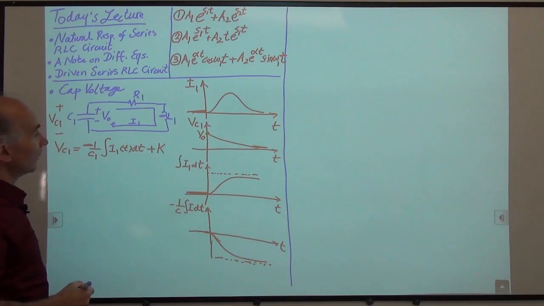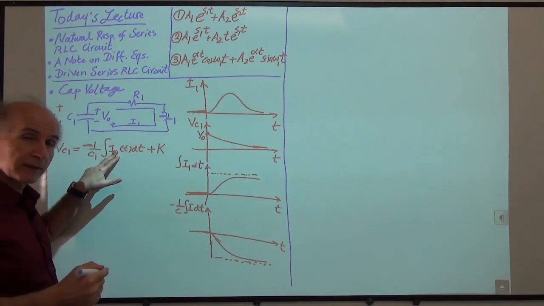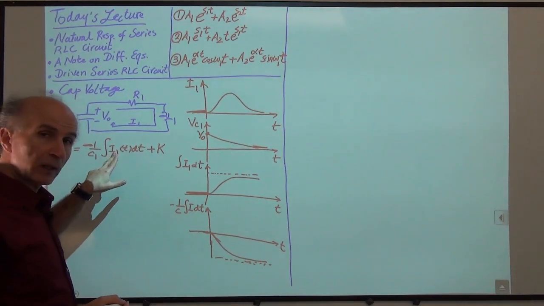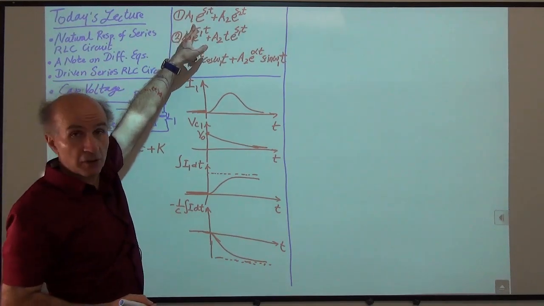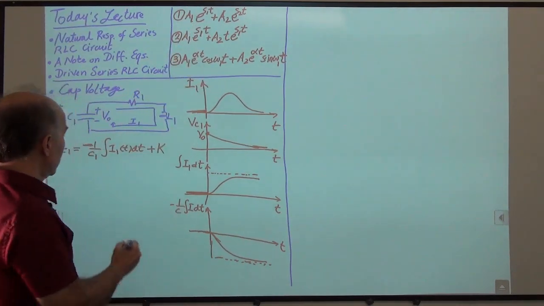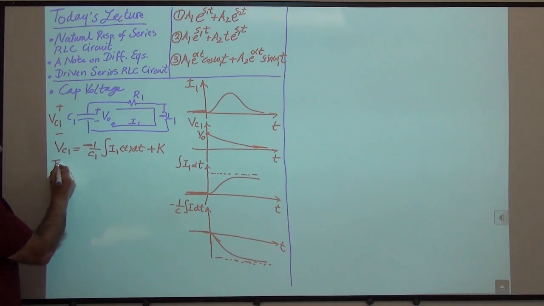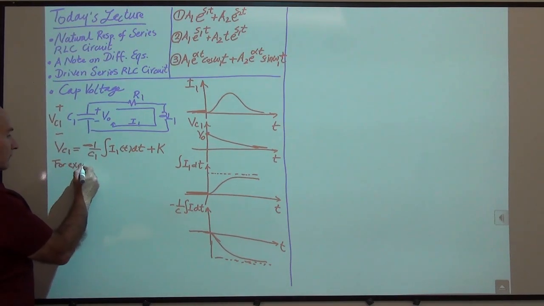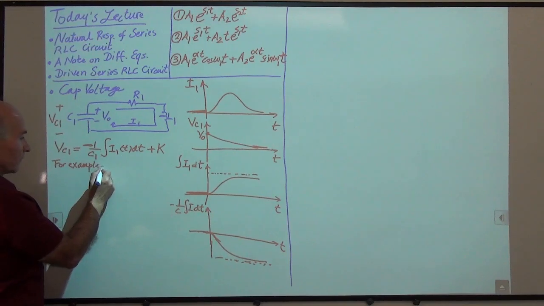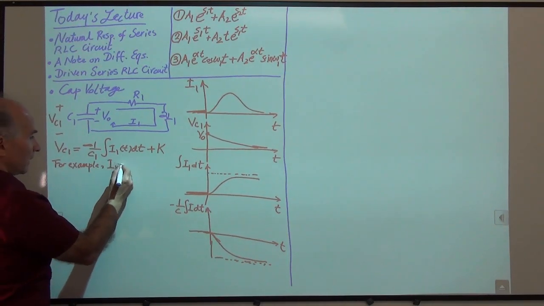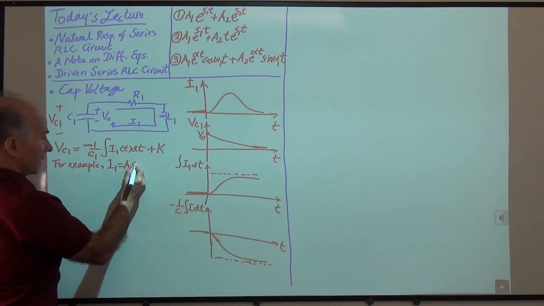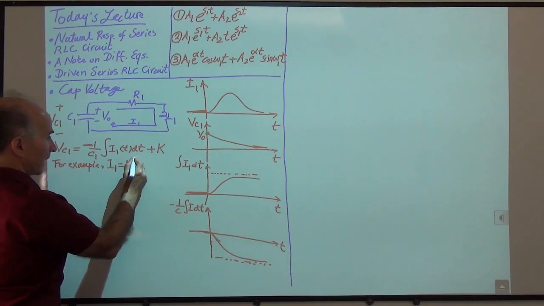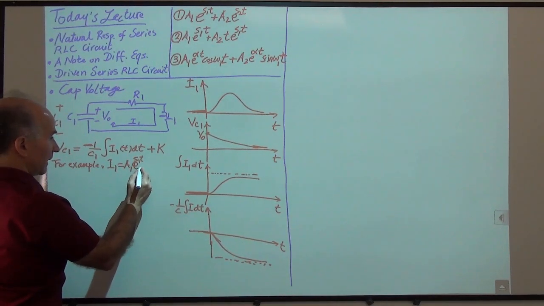All right, so now we go ahead and calculate. Let's suppose that we have an overdamped situation. So I1 is given by this expression, as we saw before, right? So we say, for example, I1 is equal to A1 e to the S1t.